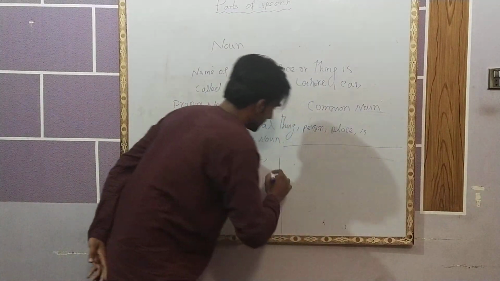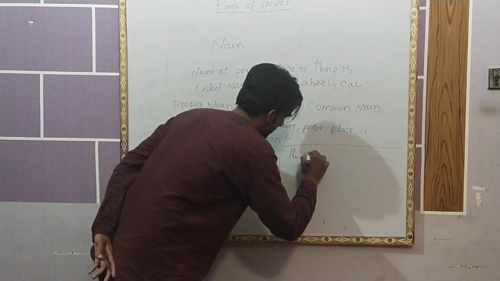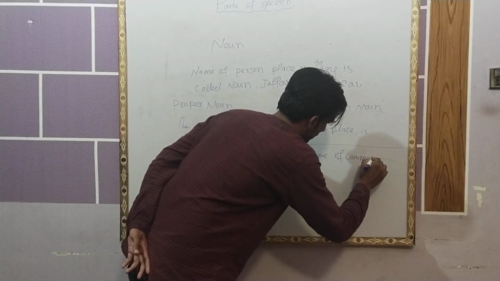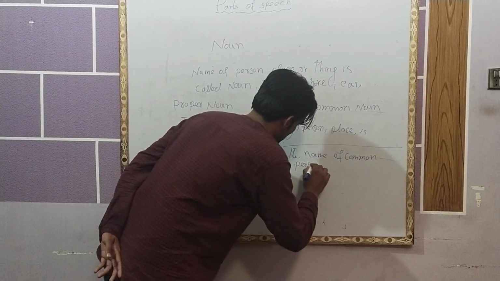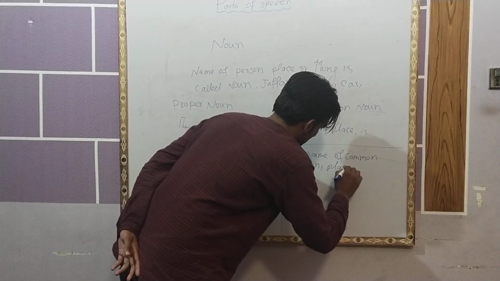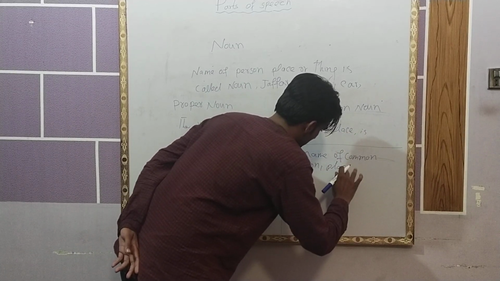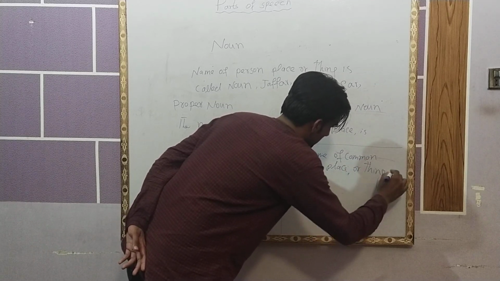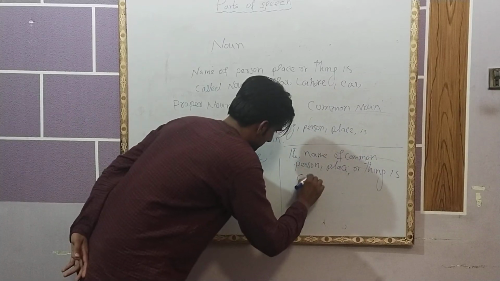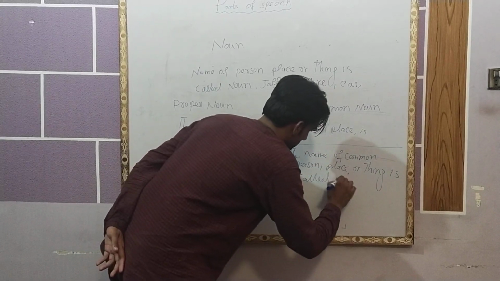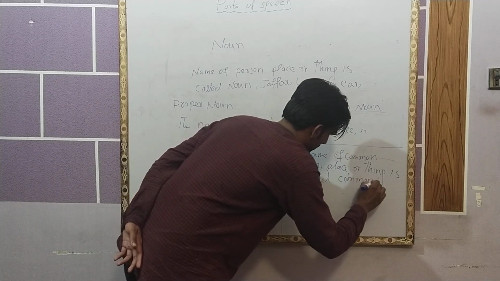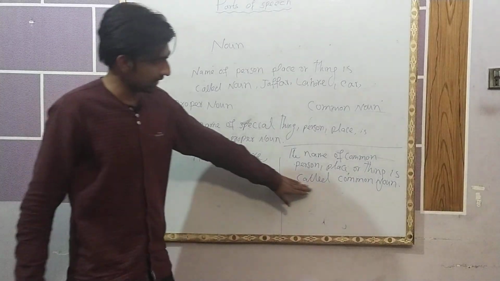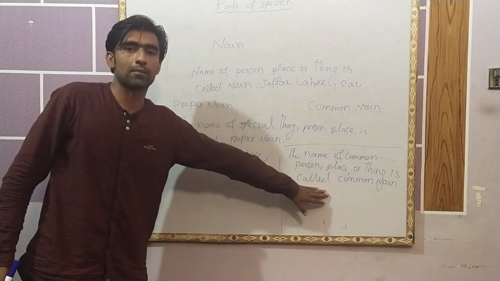Here I am going to write the definition: the name of a common person, place or thing is called common noun.